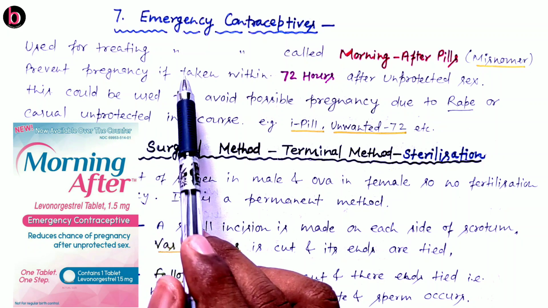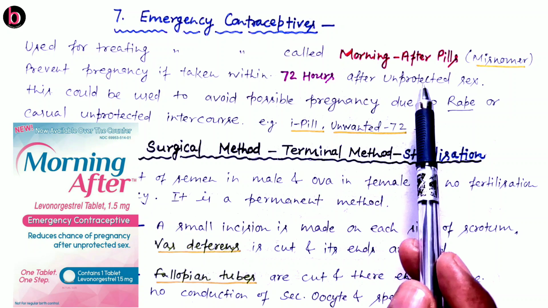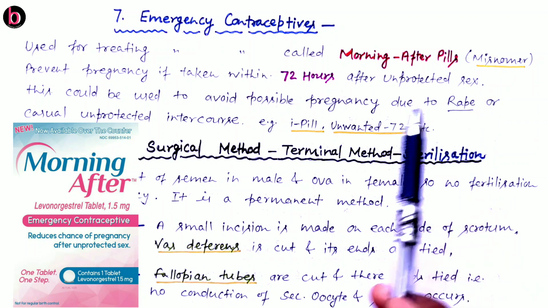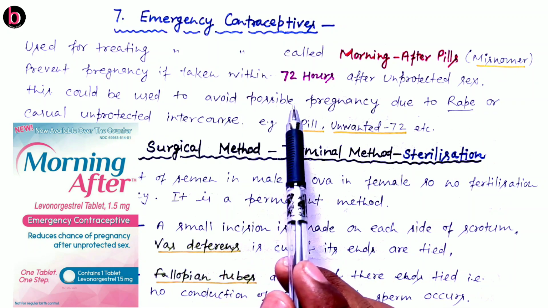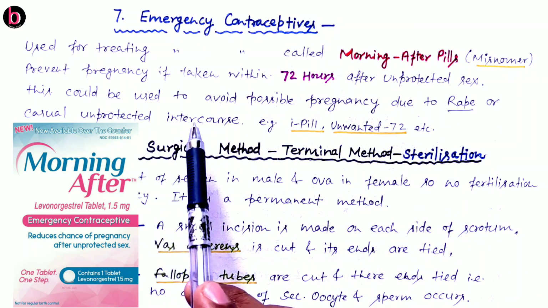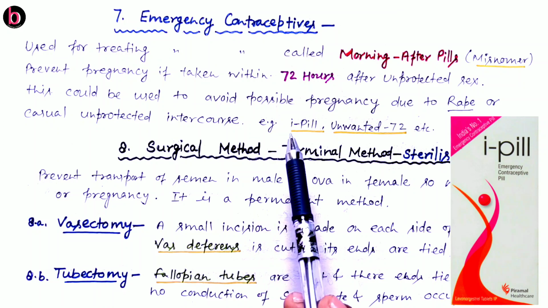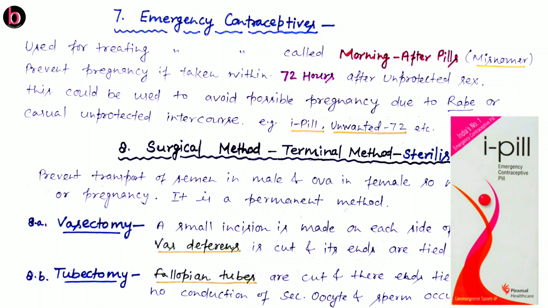This prevents pregnancy if taken within 72 hours after unprotected sex. This could be used to avoid possible pregnancies due to rape or casual unprotected intercourse. There are a few tablets available in the market like I-pill and Unwanted 72. This emergency contraceptive is very useful but also has a huge side effect.